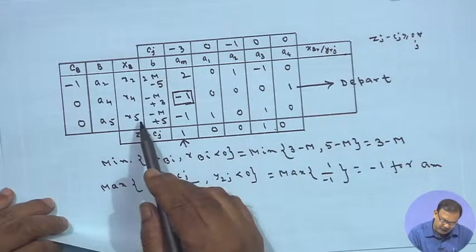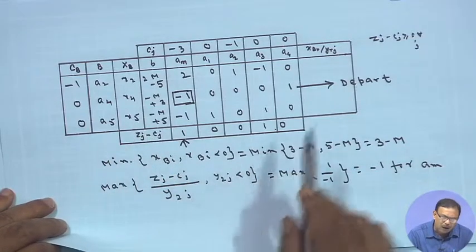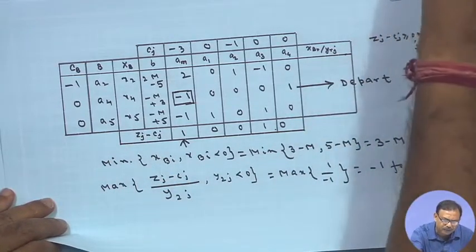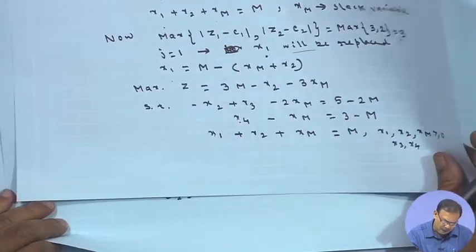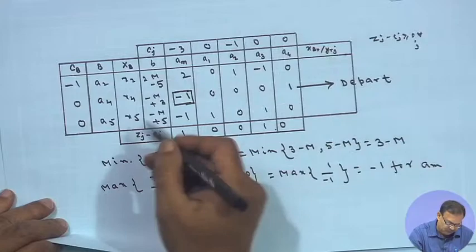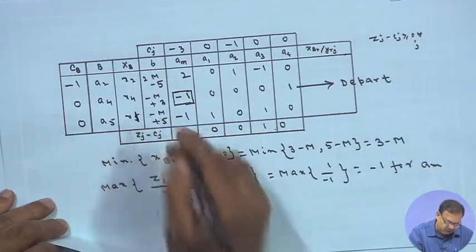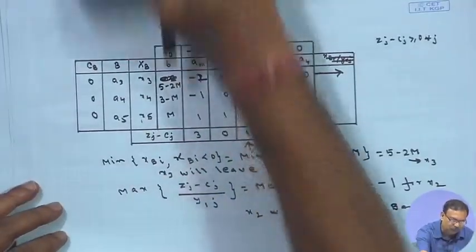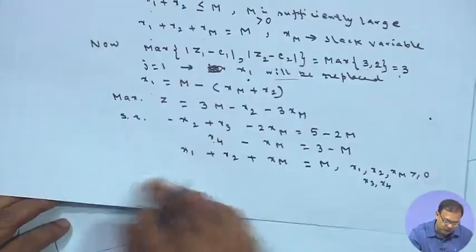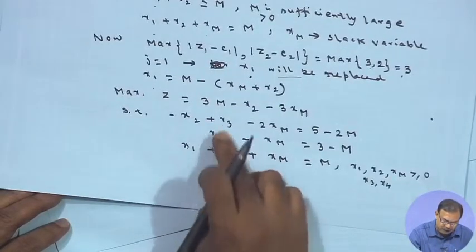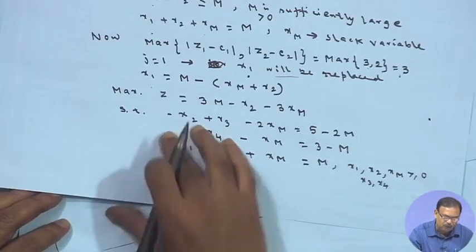This is your x5 over here, the original problem. x3, x4, x1, I am sorry, not x, this will be x1, this will be a1, because otherwise this will not form the basis. This is x3, this is x4, this is x1.